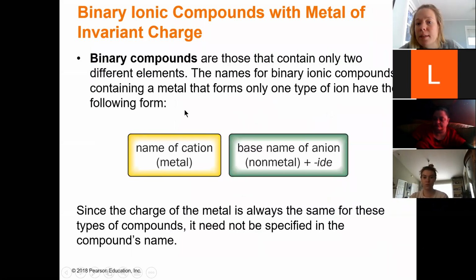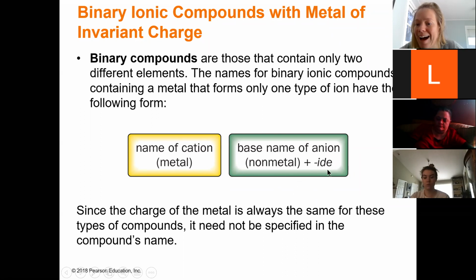So the simpler one, the type 1, which is sometimes called binary ionic compounds as well. This is where you just have a metal with a predictable charge and a nonmetal. We name it like this. You say the name of the cation, which is the metal, just name the metal. You take the base name of the anion, so you chop off the end of it and you IDE it. So we don't call table salt sodium chlorine. What do we call it?